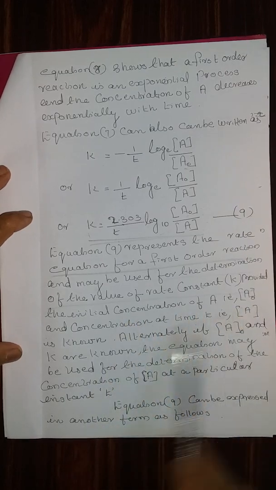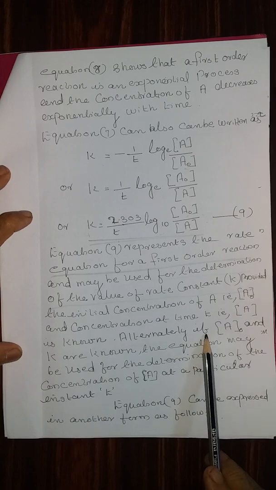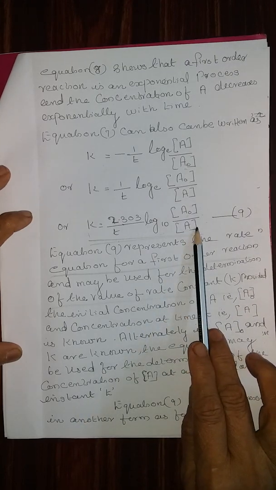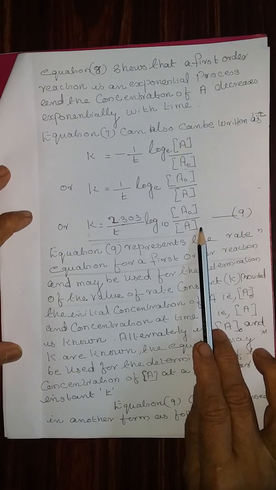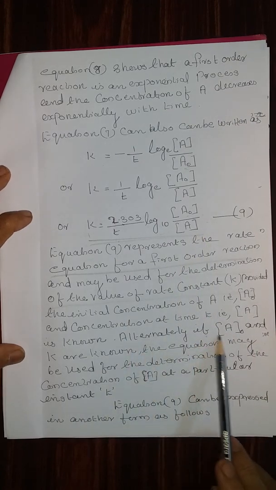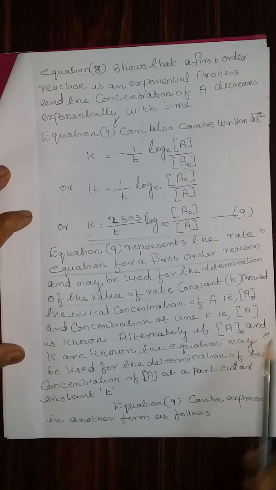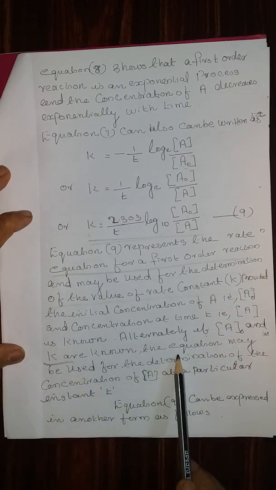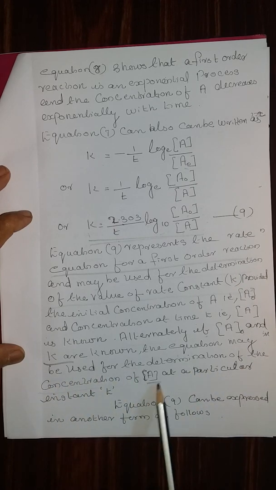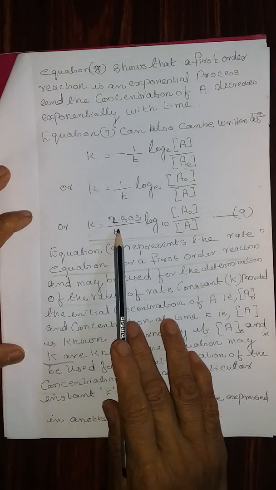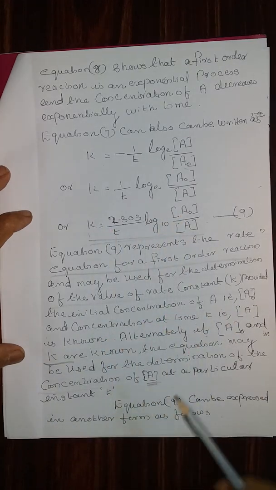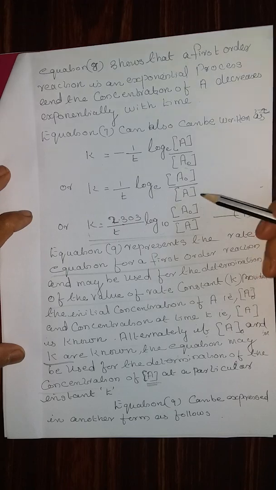Alternatively, there is another form. This equation can be modified into another form which is easy to solve the numericals or the assignments. Alternatively, if concentration A0 and k are known, the equation may be used for the determination of the concentration of A. That means if these two values are given, you can determine the concentration of A. Anyway, the question can be asked.